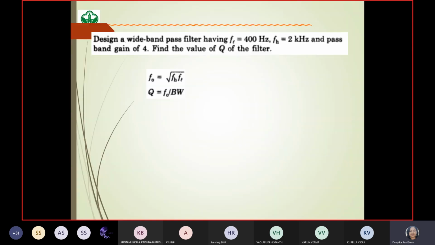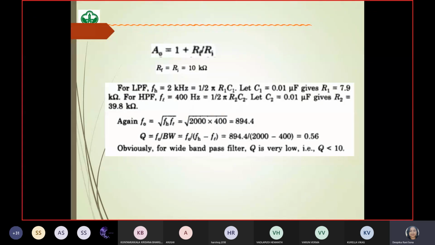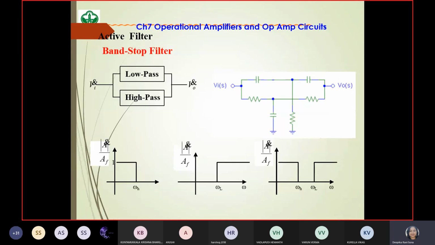Then the question will be like this: design a wide band pass filter having this specification. Then guys, one more important question. Suppose the question asks you to design up to some steps, some order. Suppose find out the frequency response within the frequency range, like the question in your notes.